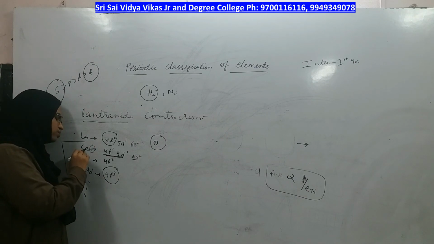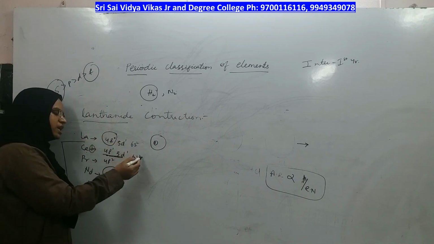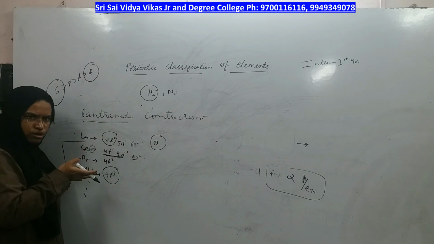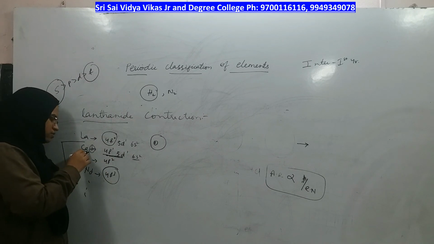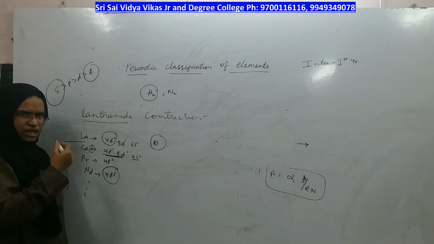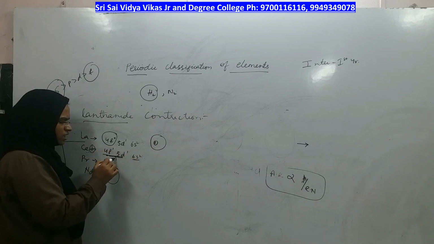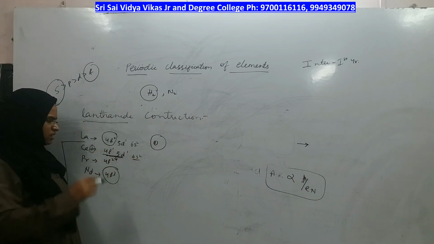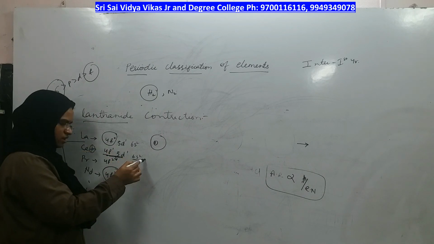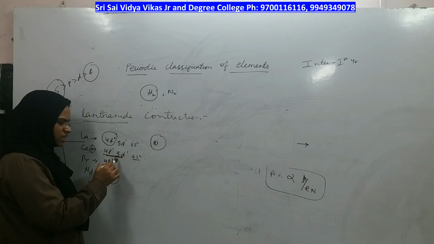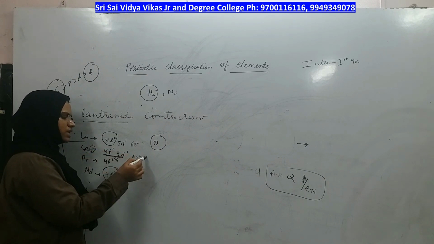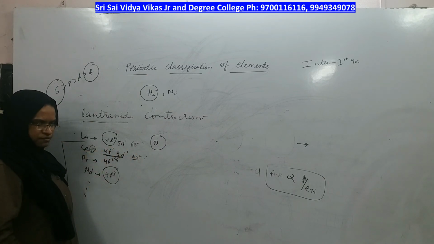That means the nucleus will try to attract the last electrons more, right? The nucleus will always try to attract the last electron more. But if screening effect comes in between, the nucleus cannot do that work. If screening effect doesn't come in between, the nucleus can easily attract the last electron towards itself.